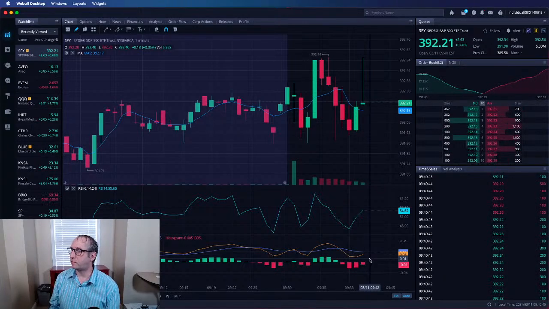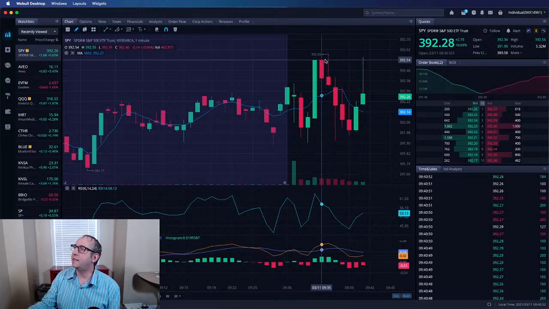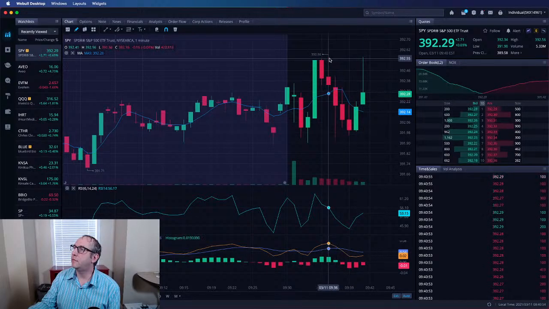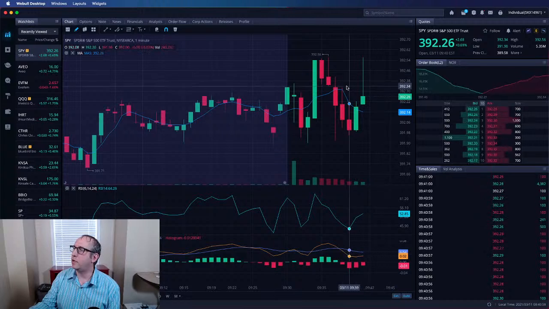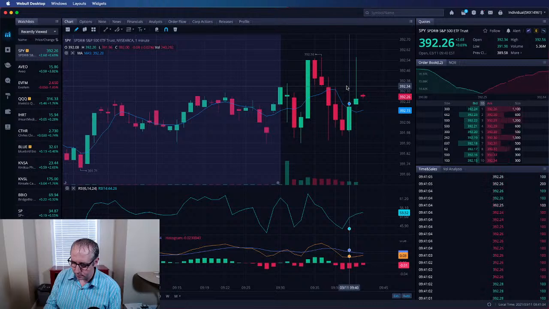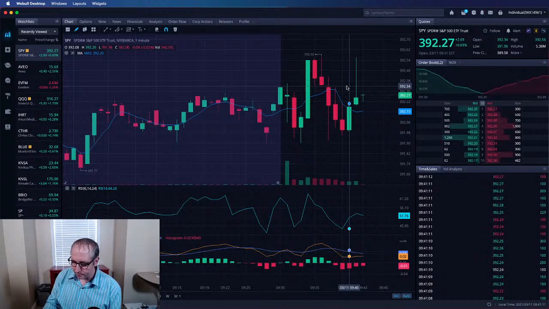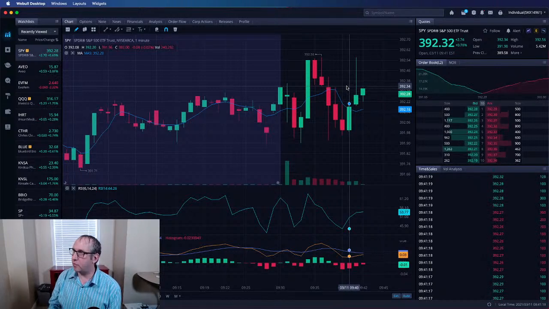So this candle has a high of 392.56 right here, and it's important to break that level and continue upwards. Snow is doing great, really, really doing well.